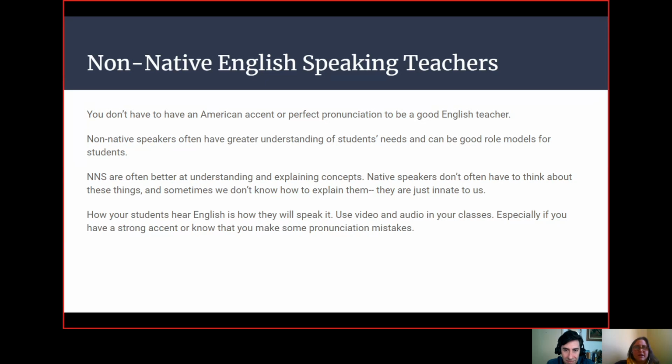Native speakers don't often have to think about these concepts and aren't very good at explaining them because they're just innate to us. And this goes for both grammar and pronunciation.